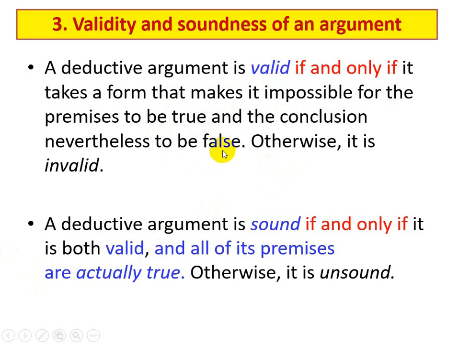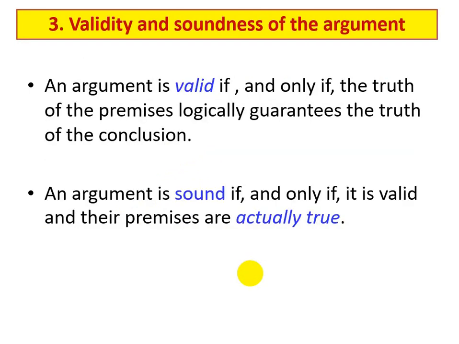Otherwise, it is invalid. And a deductive argument is sound if and only if it is both valid and all of its premises are actually true. Otherwise, it is unsound. Let's rephrase these definitions again.